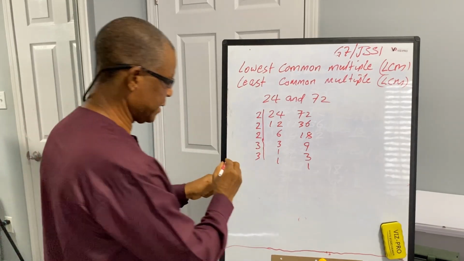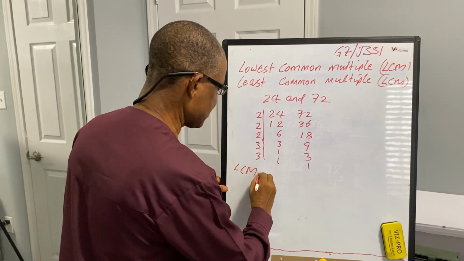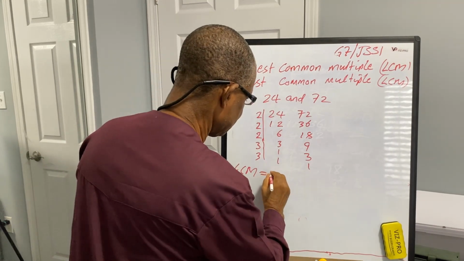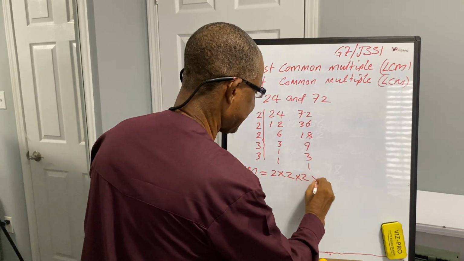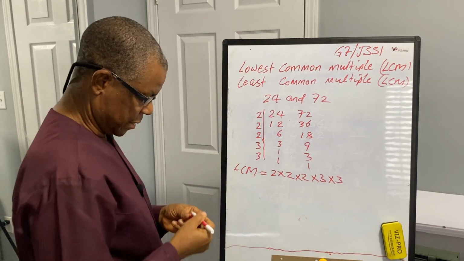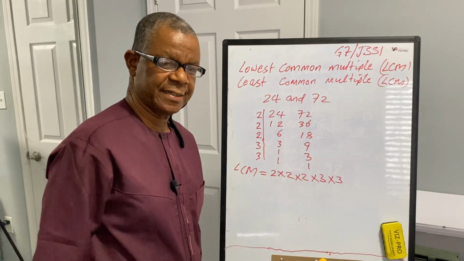And then you now say that the least common multiple, the lowest number that each of these numbers will divide without a remainder, will be 2 times 2 times 2 times 3 times 3. 2 times 2 will give us 4. 4 times 2 will give us 8.